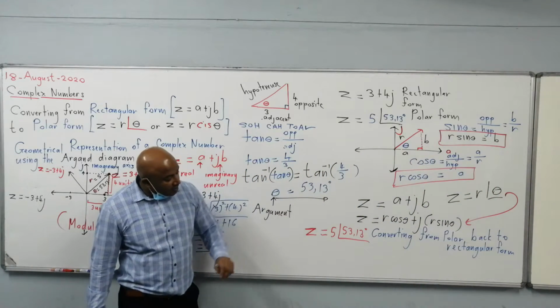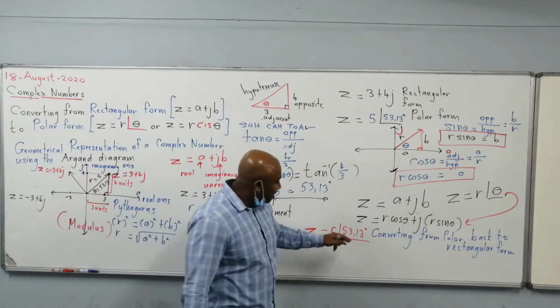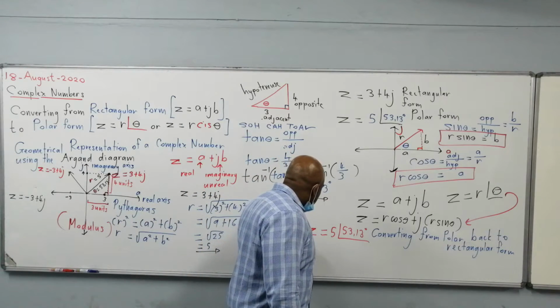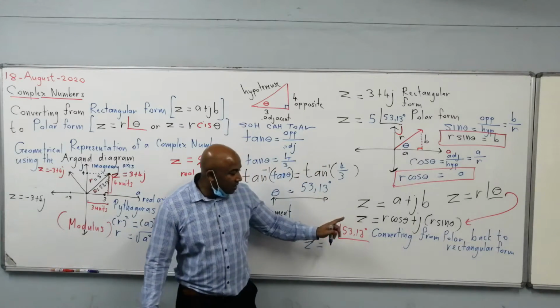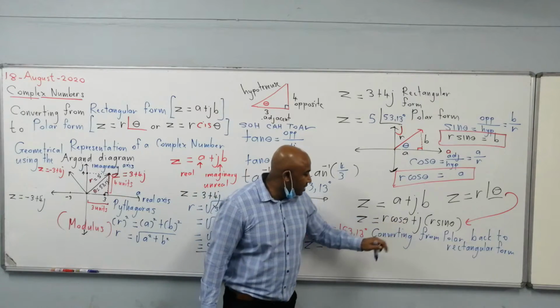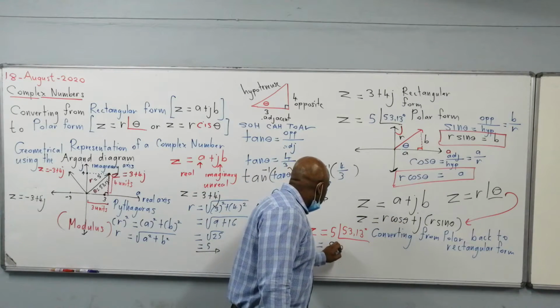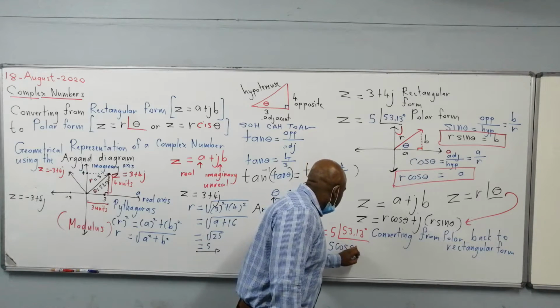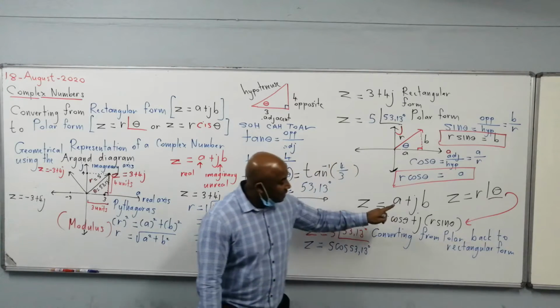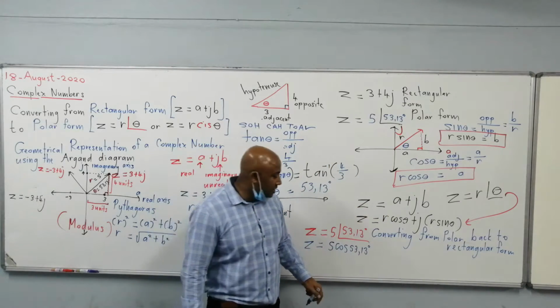So, if I got Z is equal to R and my 53,13, so now here's the formula, it's going to be R cos theta. So it's going to be 5 cos of 53,13 degrees plus j r sine theta.